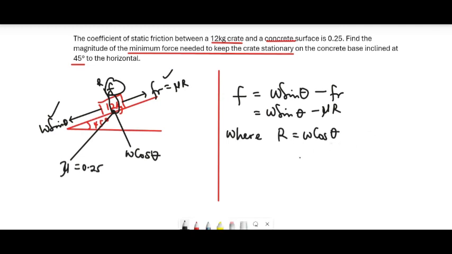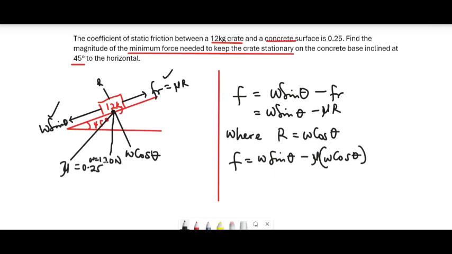So we have F equal to W sine theta minus mu into bracket of W cos theta. Substitute the values. Now, don't forget your W. The W will be equal to 120 newtons, that's the weight, because provided g is equal to 10 meters per second square.